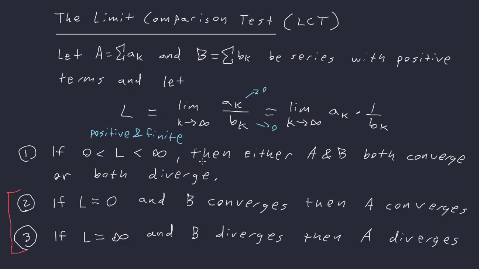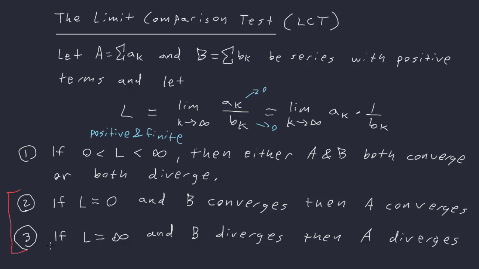case 1, okay? But case 2 says if L is 0, so if this L converges to 0 and B converges, then A also converges. So what that basically means is if this whole thing's going to 0 and B converges, that means A can't be increasing too fast to cancel it out.